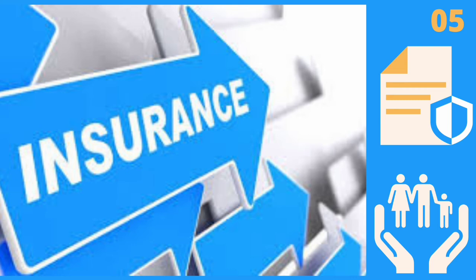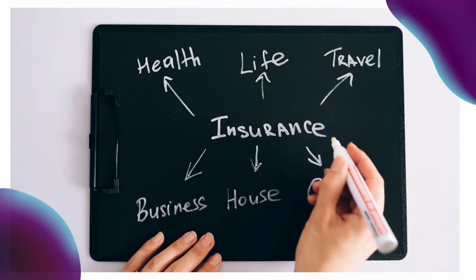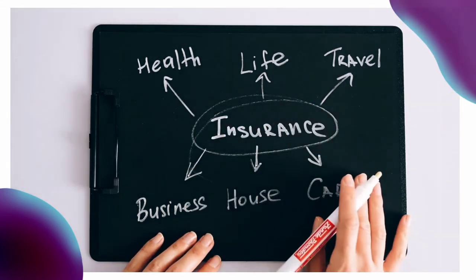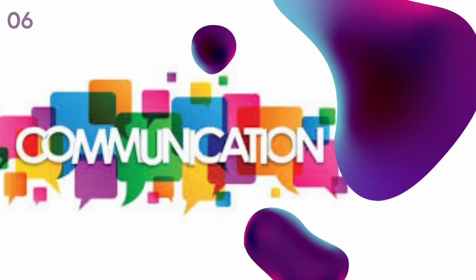So therefore, insurance is taken against an unforeseen risk, damage, or loss. For example, fire outbreak. We have fire insurance, accident insurance, life assurance, theft insurance. So insurance is very important when it comes to trading.